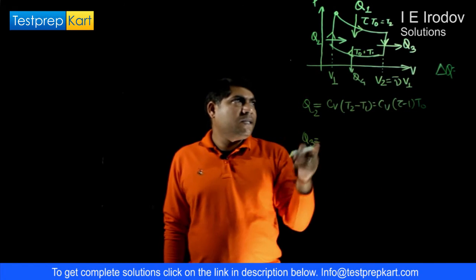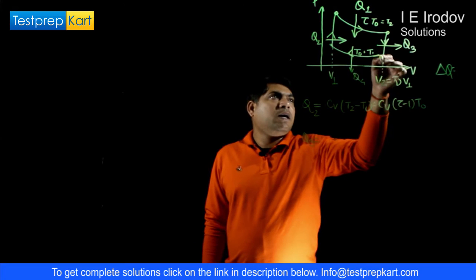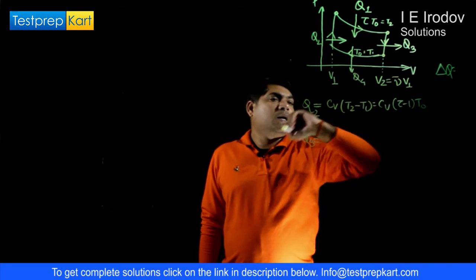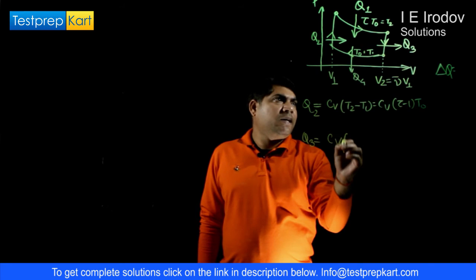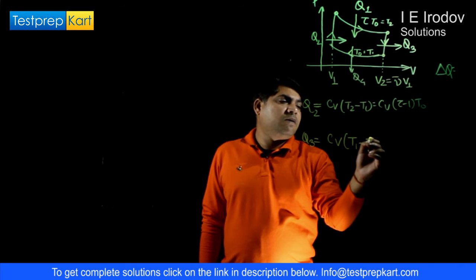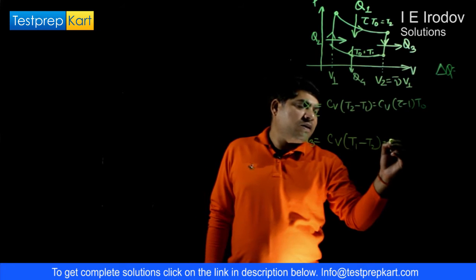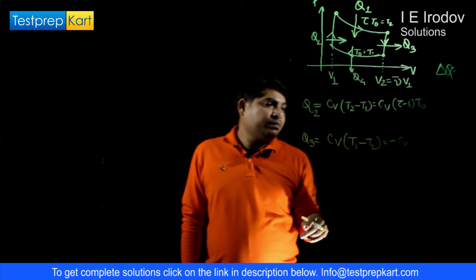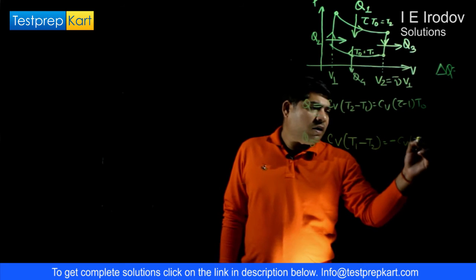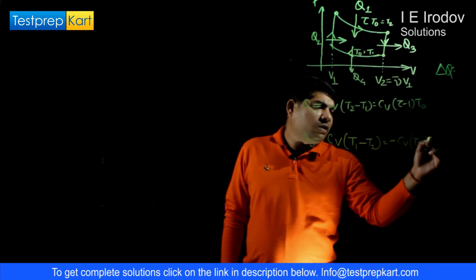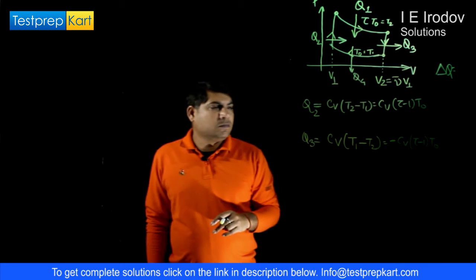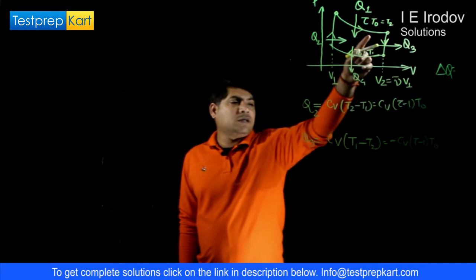In the second case, the temperature changes from T2 to T1, so we write minus Cv into tau minus 1 into T naught.